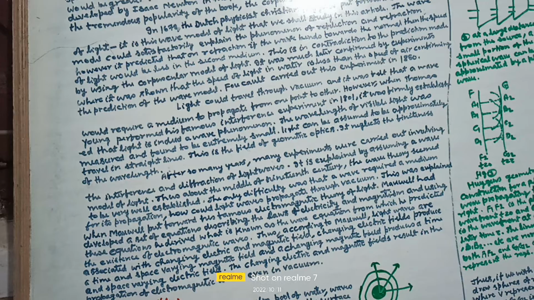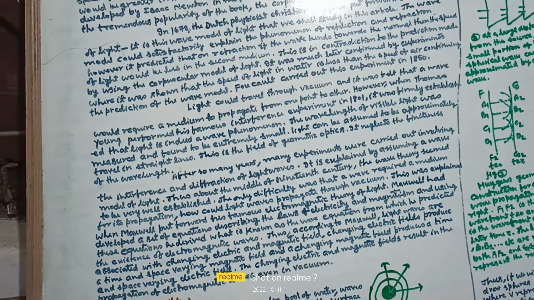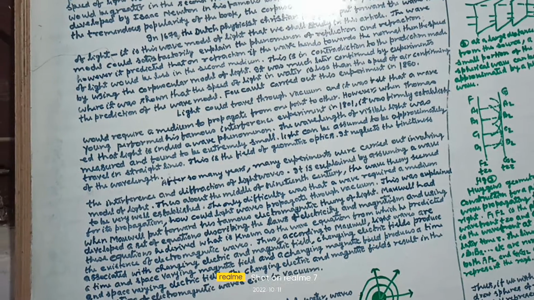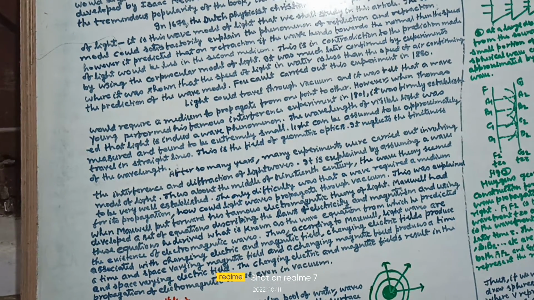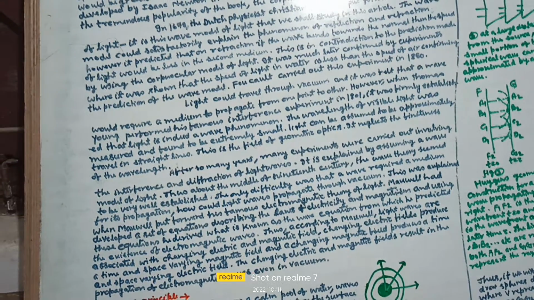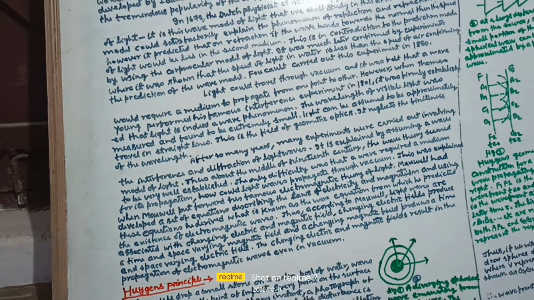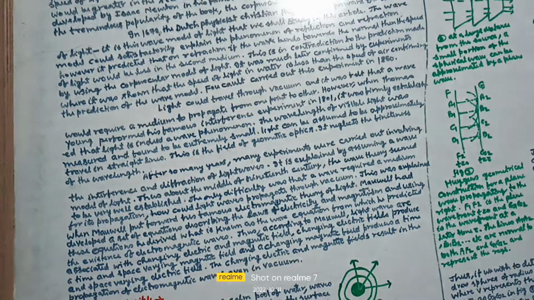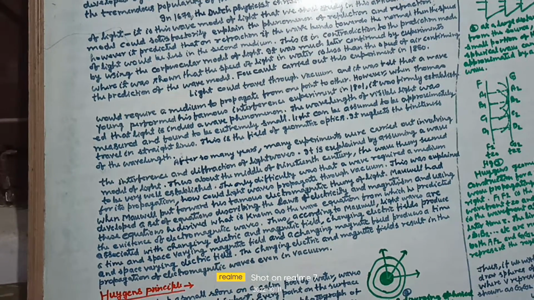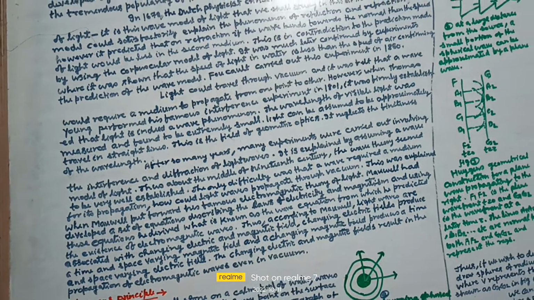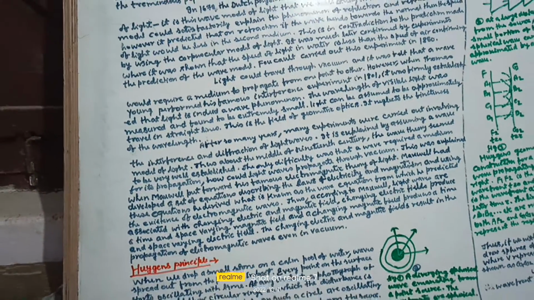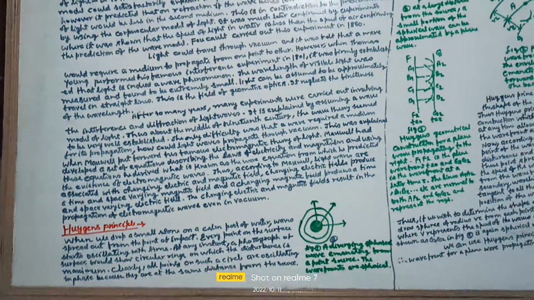Thus, according to Maxwell, light waves are associated with changing electric and magnetic fields. A changing electric field produces a time and space varying magnetic field, and a changing magnetic field produces a time and space varying electric field. The changing electric and magnetic fields result in the propagation of electromagnetic waves even in vacuum.